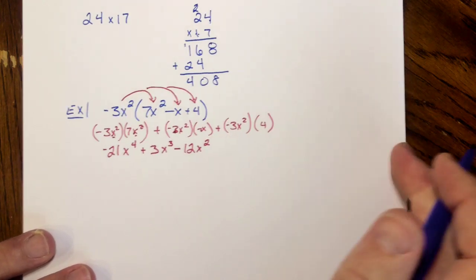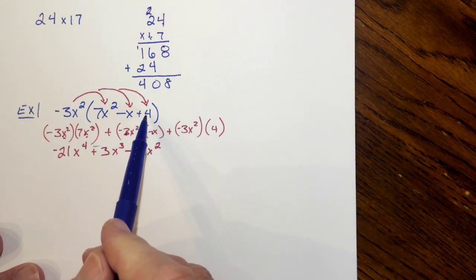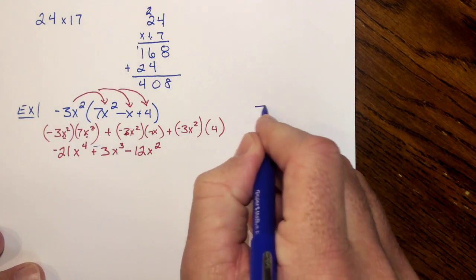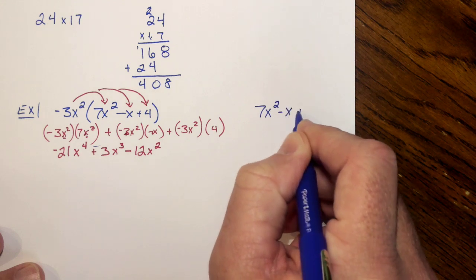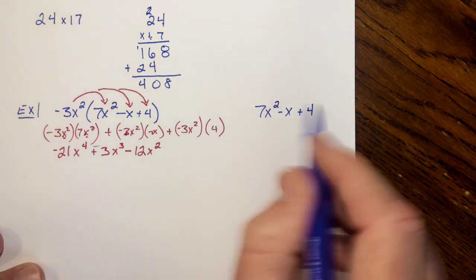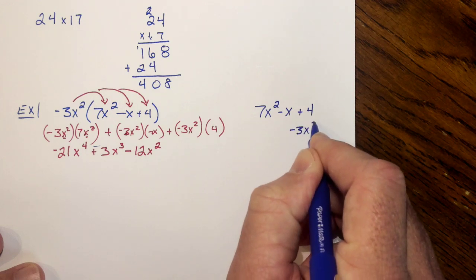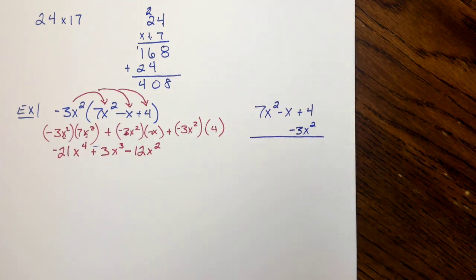Let's look at it using a vertical setup. So I'll put it off to the side, right over here. I'm going to consider this a 3-digit number, trinomial, 1-digit number, monomial. So I'll put the 7x squared minus x plus 4, and then times negative 3x squared. So we're multiplying.